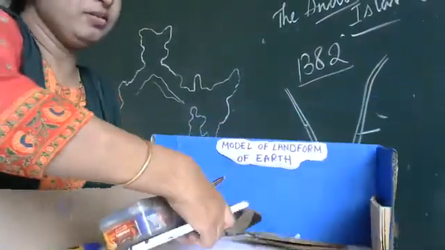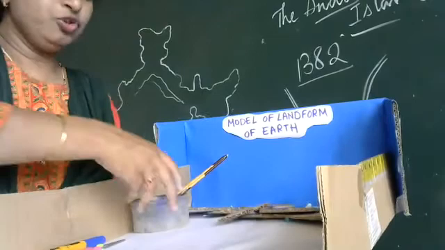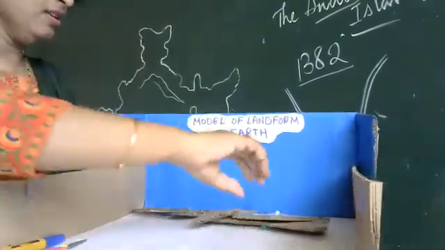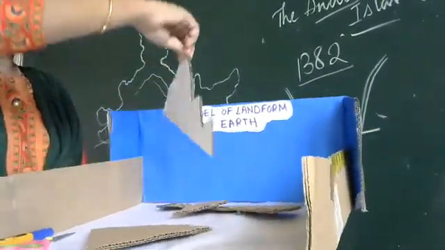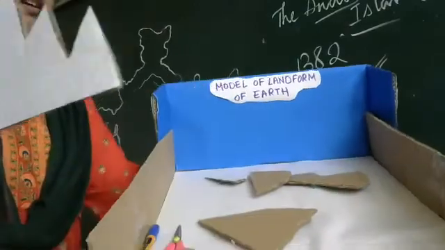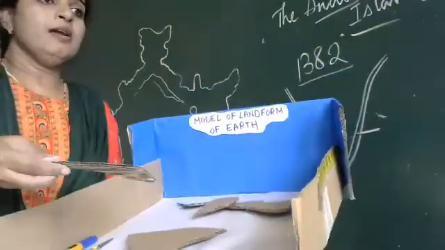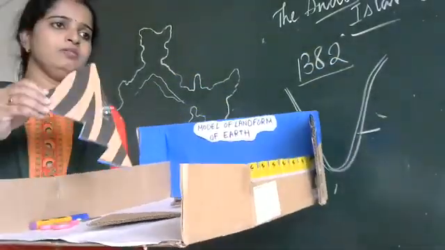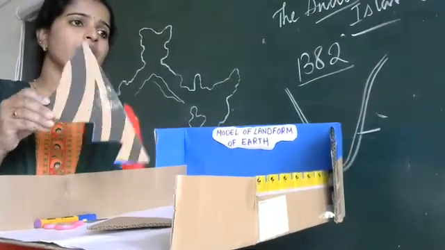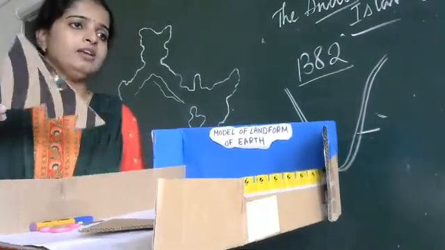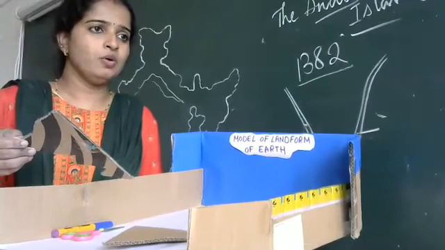I have tried to complete it but I couldn't because I need two more classes to complete this lesson. See, I have done this mountain; like this you have to make. I am not restricting you to do the same as what I have done.